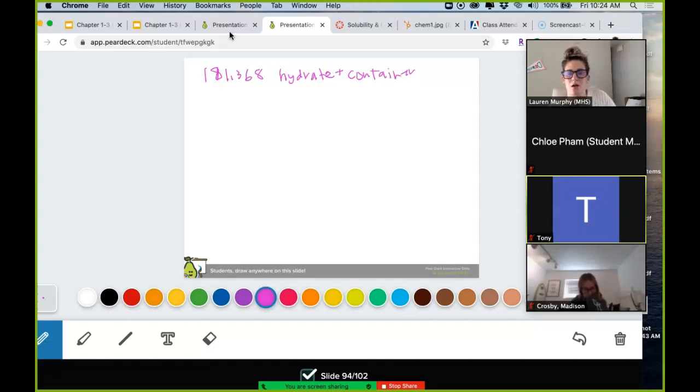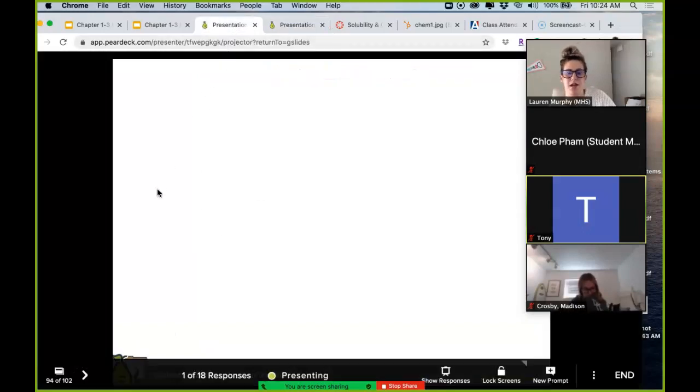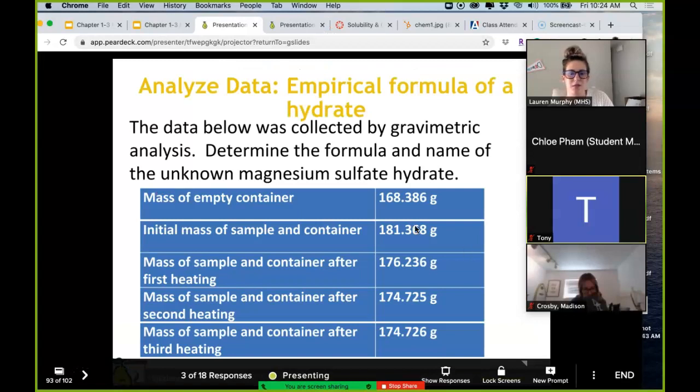Okay. If I go back, what is the mass of the container? The mass of the empty container is 168.386.